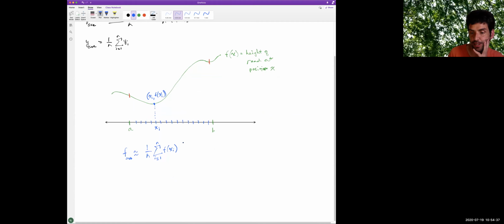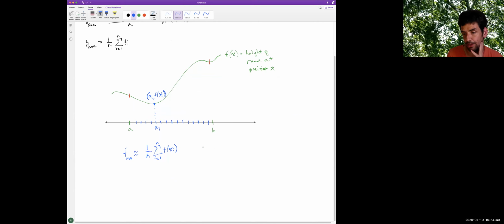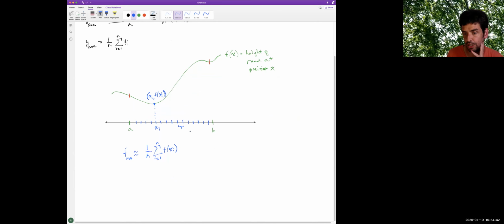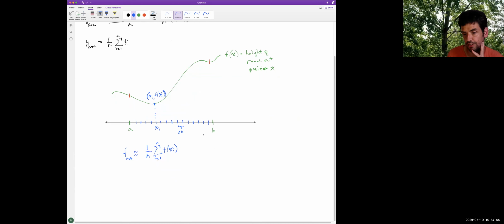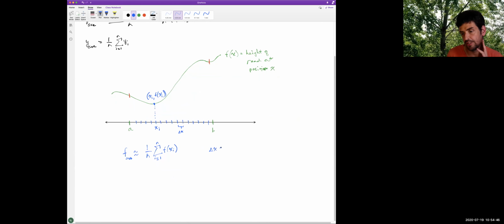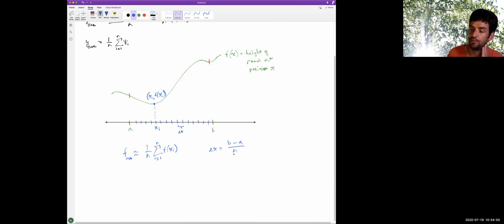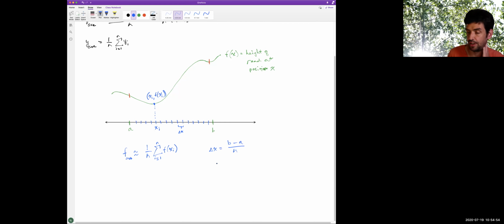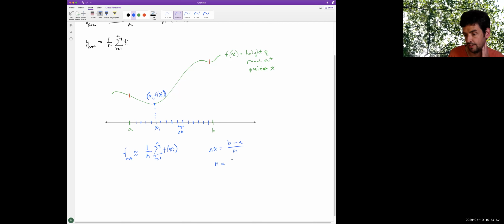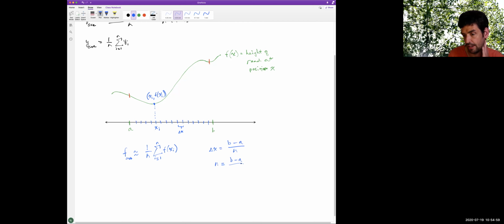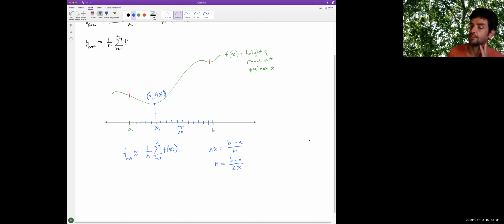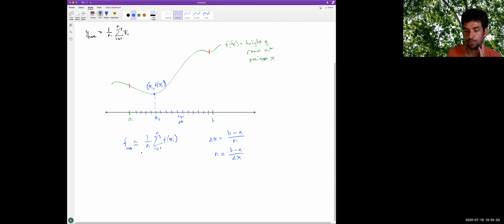Now let's play a little game with notation. Remember this interval here we usually call delta x. And we know delta x is b minus a divided by the number of intervals we have, which is another way of saying n is equal to b minus a over delta x, just playing with algebra here.